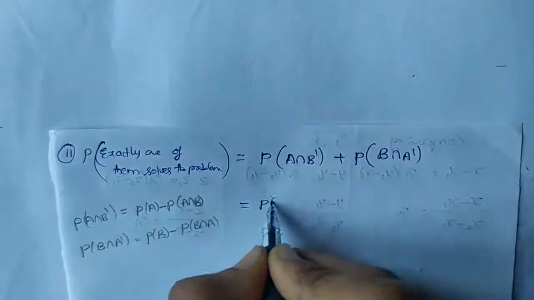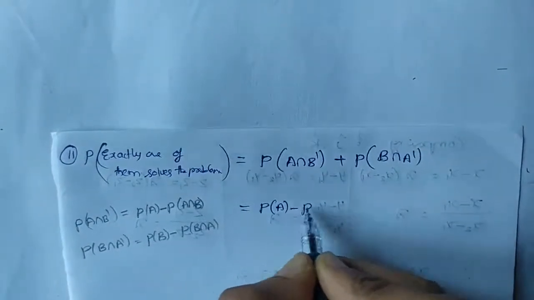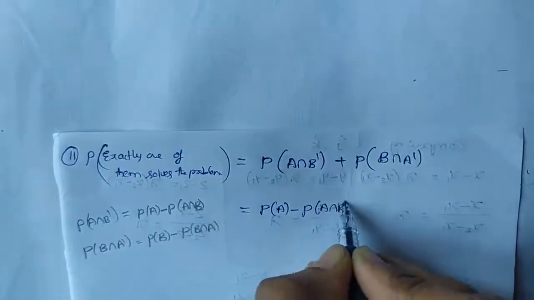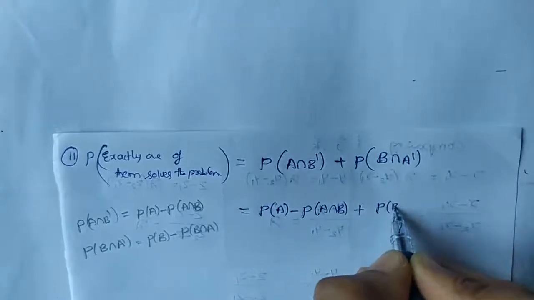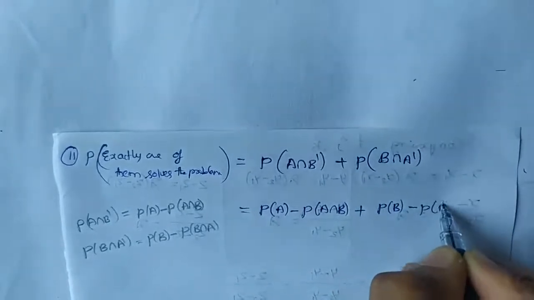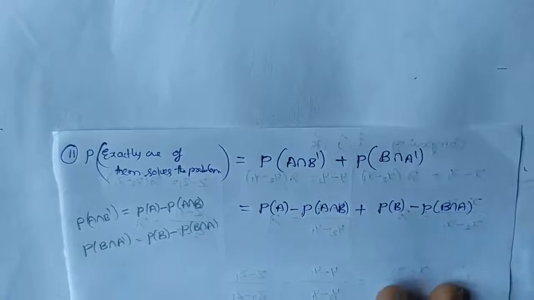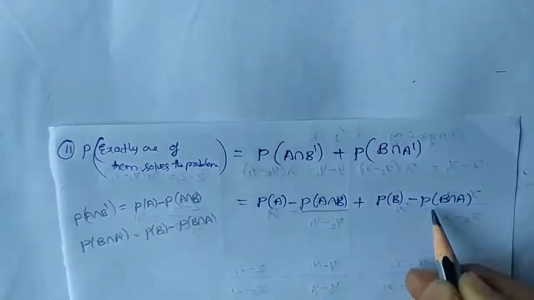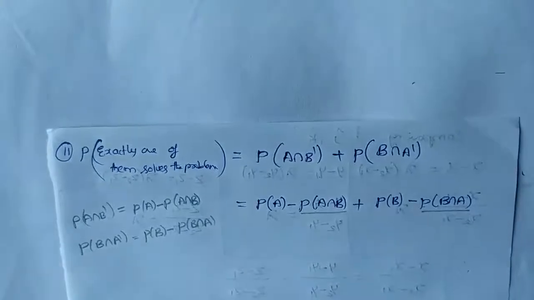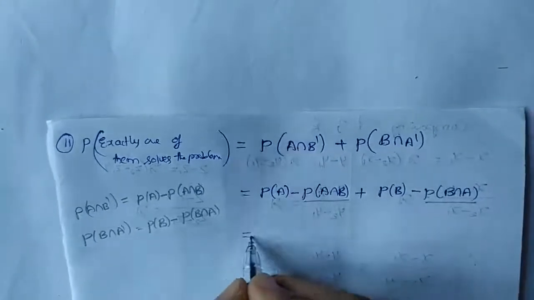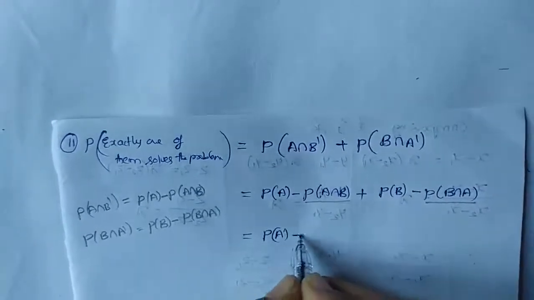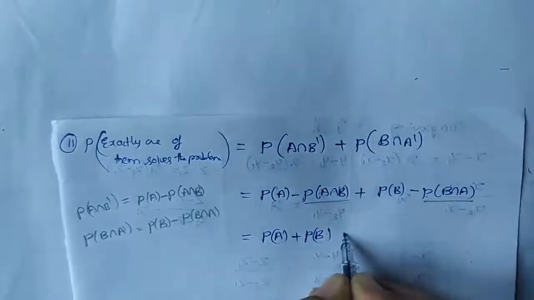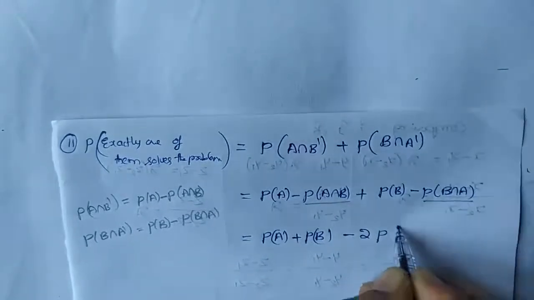What we will get? P of A minus P of A intersection B plus P of B minus P of B intersection A. P of A intersection B and P of B intersection A are both equal. That is equal to P of A plus P of B minus 2 times P of A intersection B.